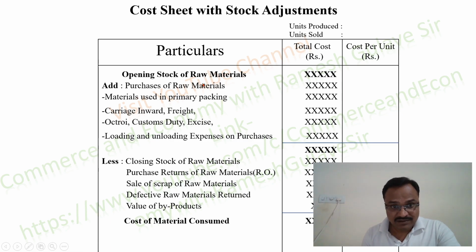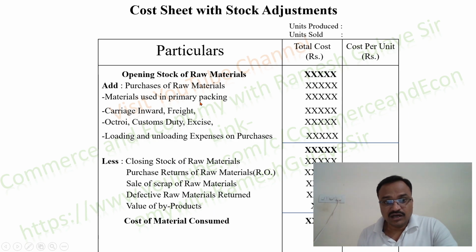So this direct material includes all these things. You can see that purchase of raw material is related to direct material. Materials used in primary packaging, it is direct, right? So these are basically direct expenses, which are related to the purchase of raw material, and all these expenses are added in the cost of material consumed, right?